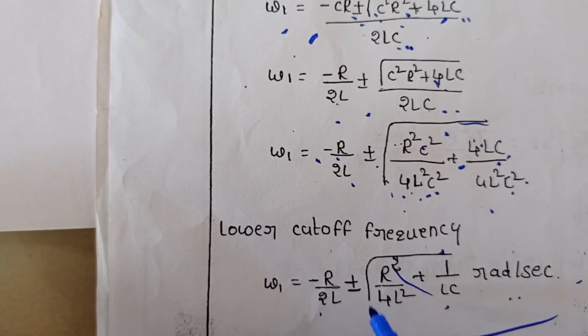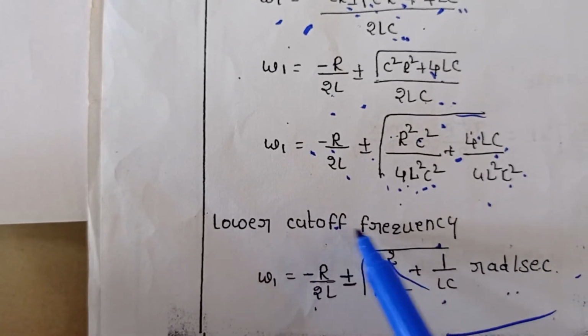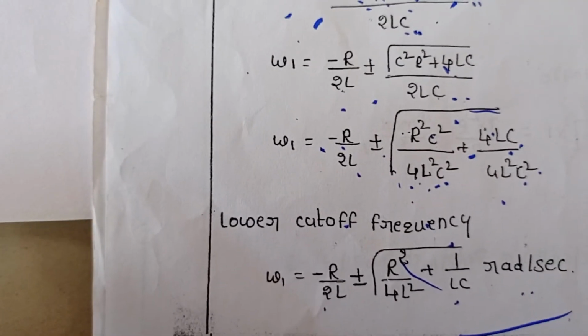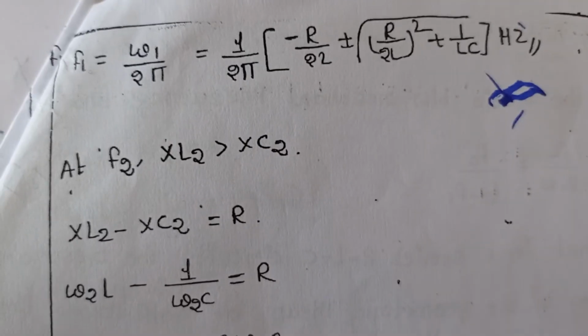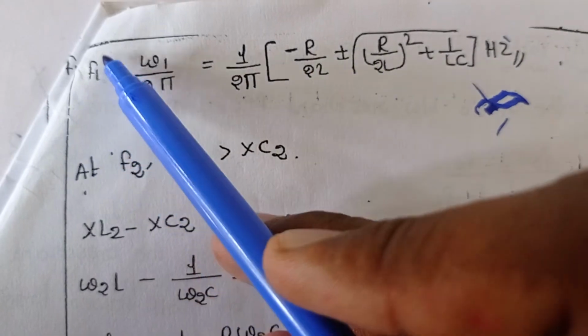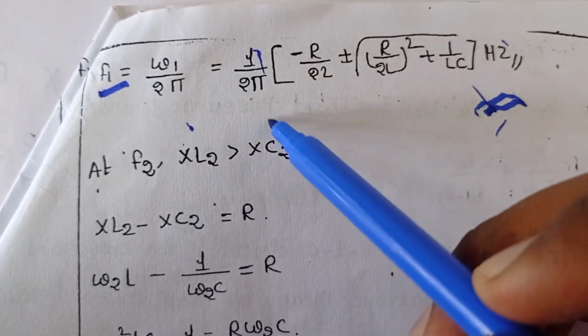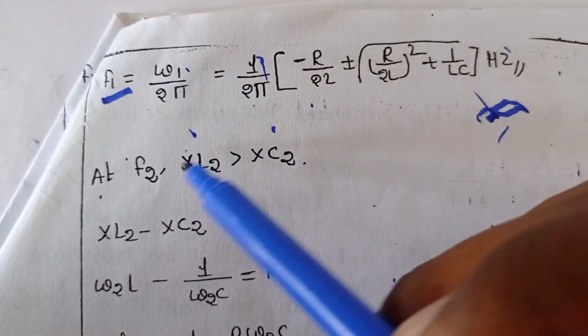When we represent this lower cutoff frequency in terms of frequency or hertz, that is f1 equal to omega 1 by 2 pi, that is 1 by 2 pi into omega 1.